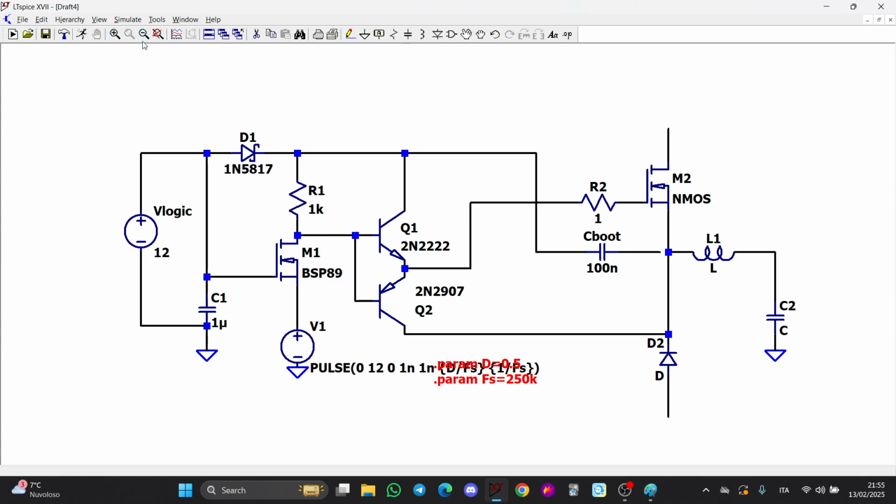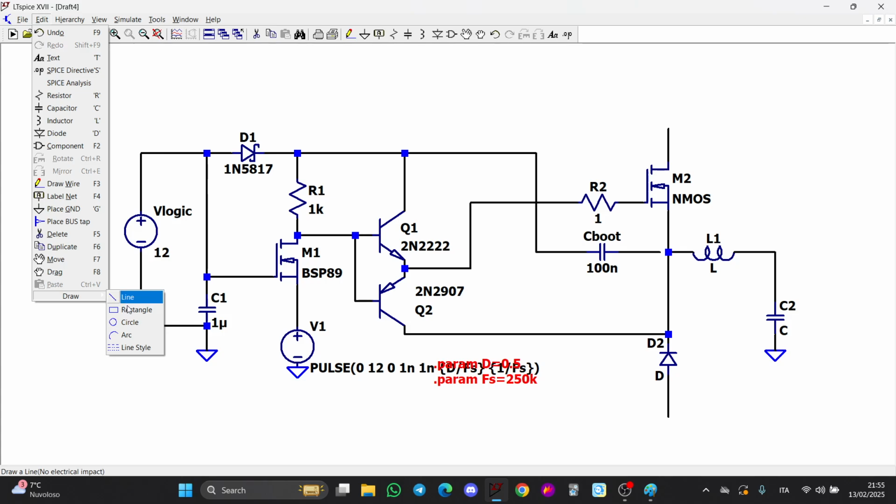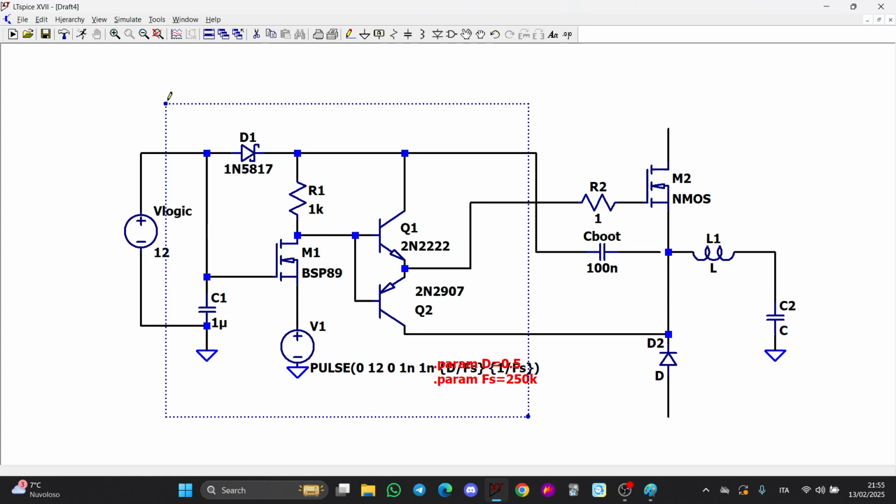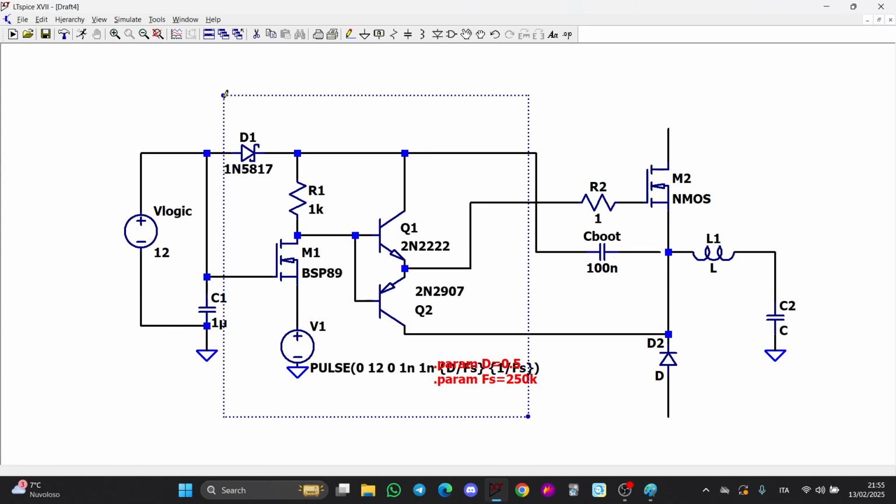So just to make it clear, in most drivers, all of this is inside the driver.